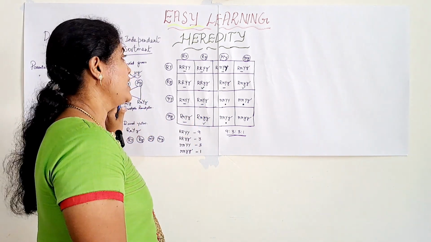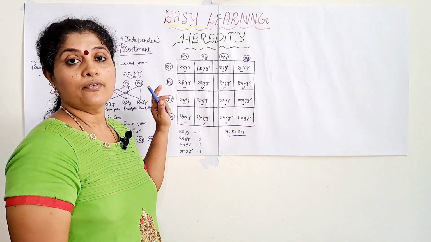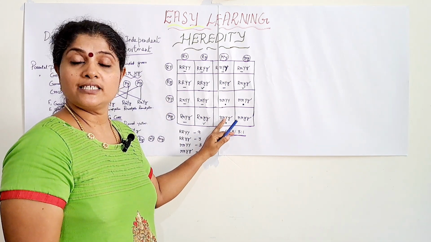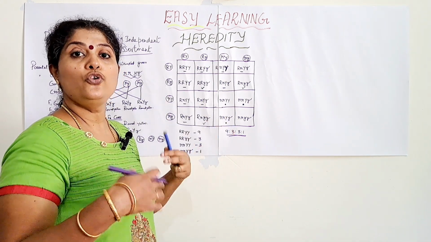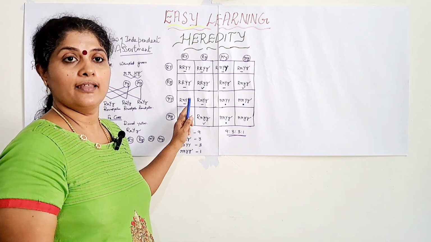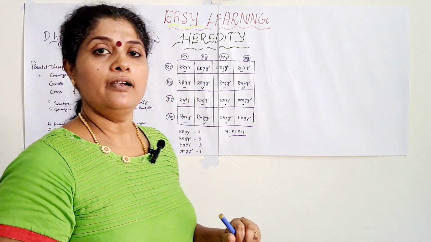That is how he has explained how the characters are inherited from the parents to the offspring. So, when two pairs of contrasting characters he has taken, two new varieties of characters have been obtained in the cross. Okay. So, that is regarding the dihybrid cross.